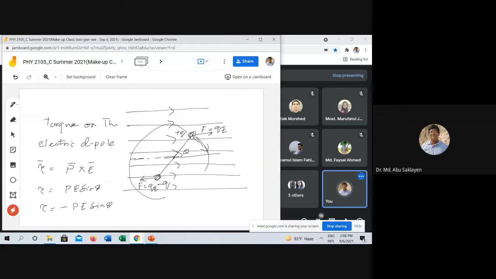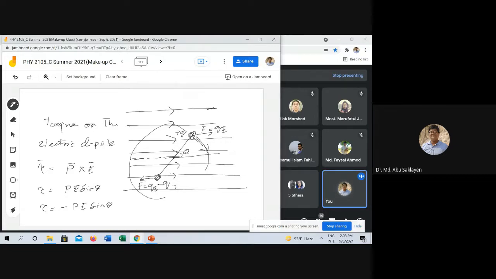So do you have any confusion up to this, or any query, any question? No, you don't have any question, but I have a question. May I ask you the question? This is a constant electric field, right? This electric field is constant.